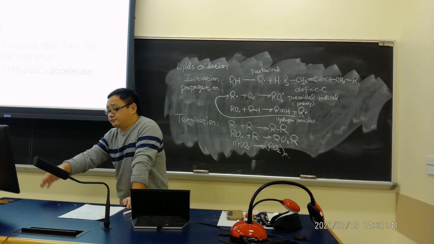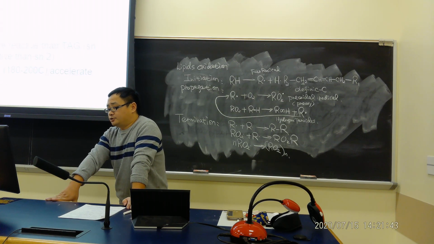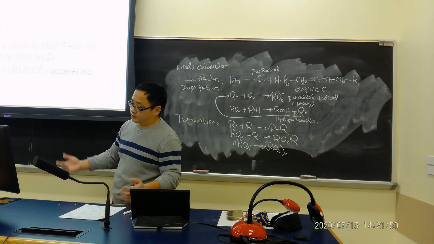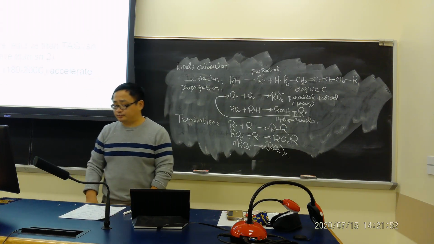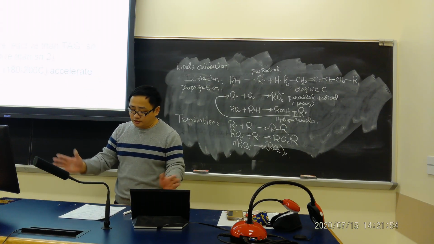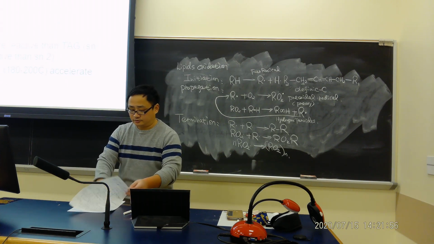Third is the temperature. If we do frying, the temperature reaches as high as 180 to 200 degrees Celsius, which accelerates oxidation. So obviously frying is a process that generates oxidized products.